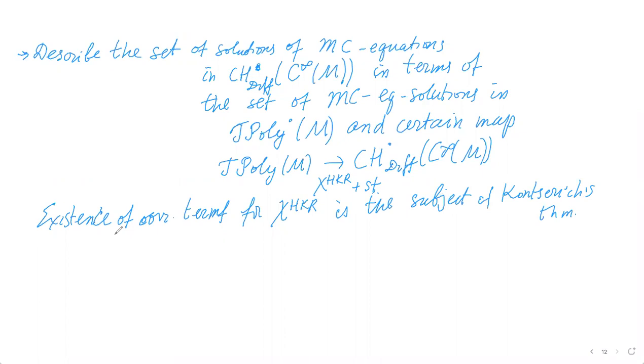So next time I'm going to begin with this moment, and then I'll explain what kind of correction terms we're looking for. And if I have time, I'll start explaining how Kontsevich constructs these correction terms, because first you need to reinterpret this map in certain algebraic terms and reformulate the theorem in a way which will make its proof easier.